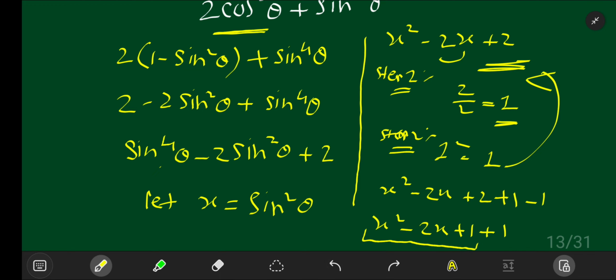Next, we know x equals sin square theta.